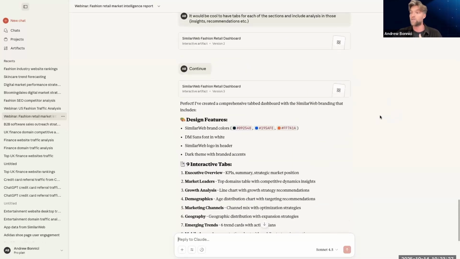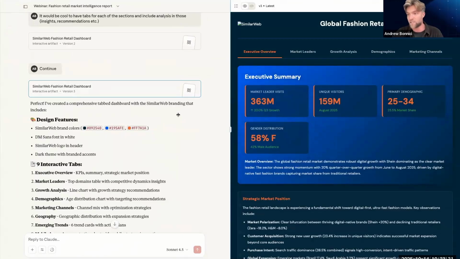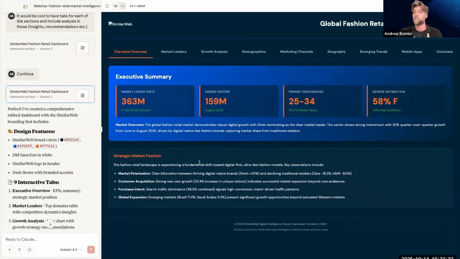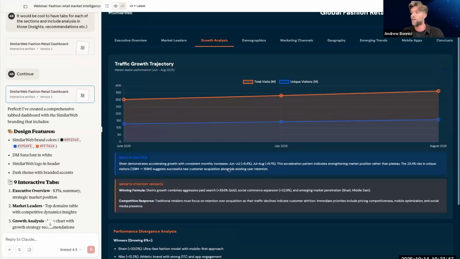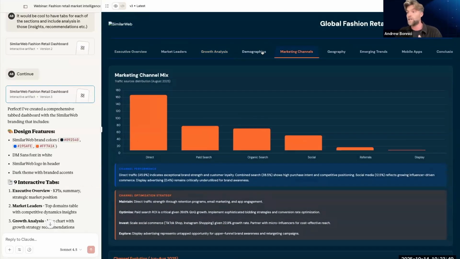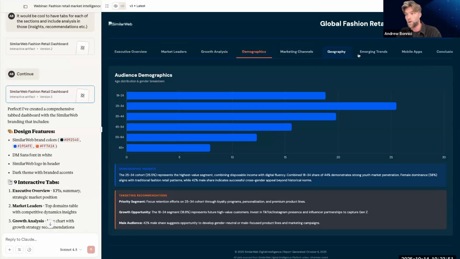So again, start to finish, this probably took about 15-20 minutes to get this. And you can see that it then creates a dashboard using all of this Similarweb data, gives you the executive summary. It allows you to see growth analysis, so seeing how it's evolving over time and giving you insights on this. You can also see demographic and marketing channel breakdowns.